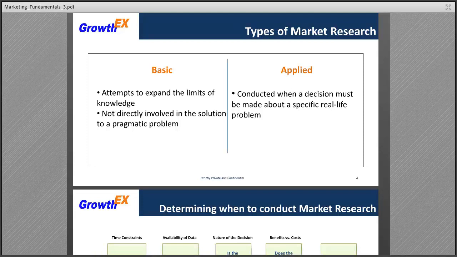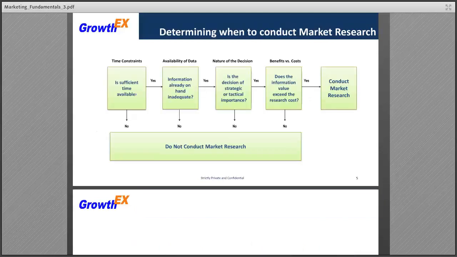So these kinds of problem statements get into the applied research category. I'm sure now you can classify, by reading the problem statement, whether it is basic market research or applied market research.